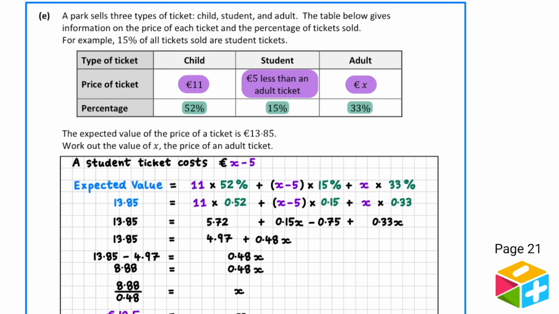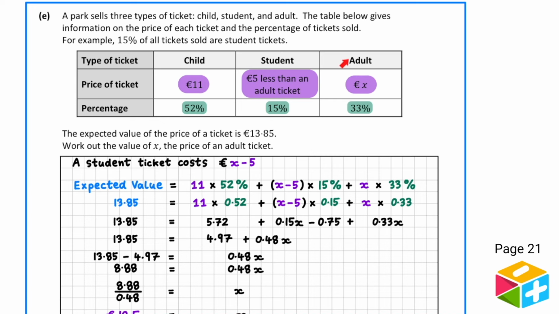In Part E, we're given information about 3 types of tickets sold by a park. A child ticket costs €11 and makes up 52% of ticket sales. A student ticket costs €5 less than an adult ticket and consists of 15% of ticket sales.